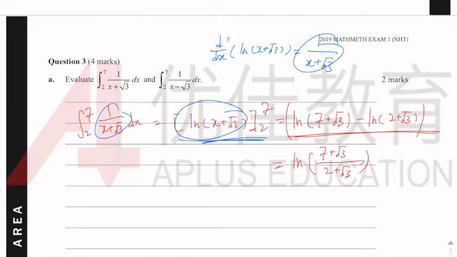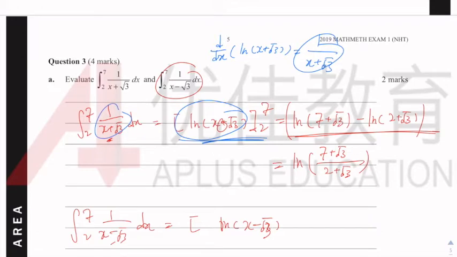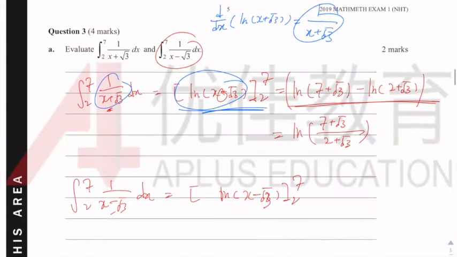Okay, we're just going to apply the same thing for the second integral. That's the integral from 2 to 7 of 1 over x minus square root of 3 dx. So that's ln of x minus square root of 3. The only difference is the plus or minus, so we just convert this plus to minus, and then 2 to 7 again.